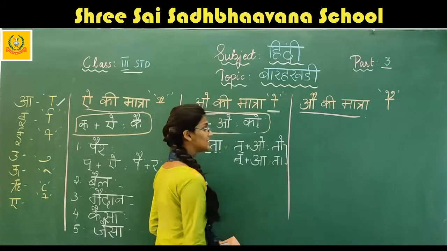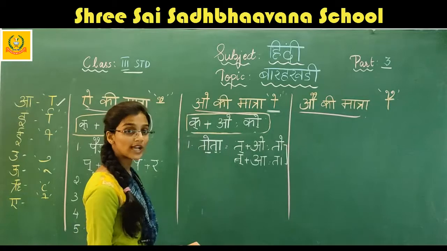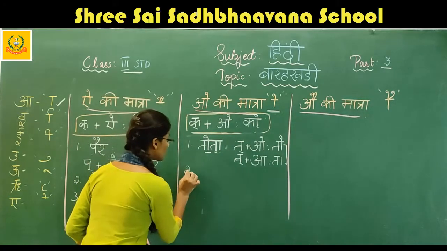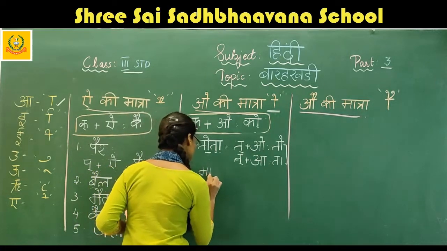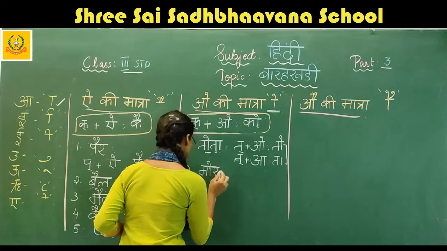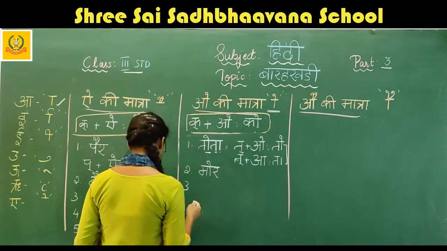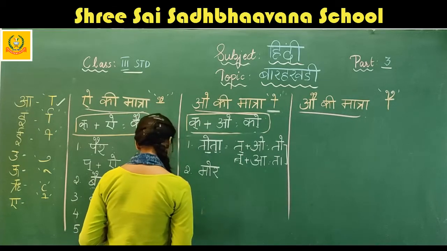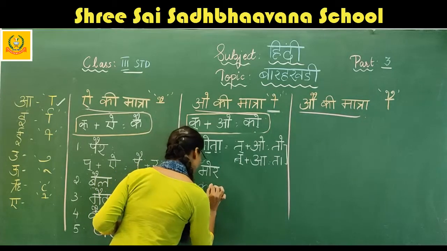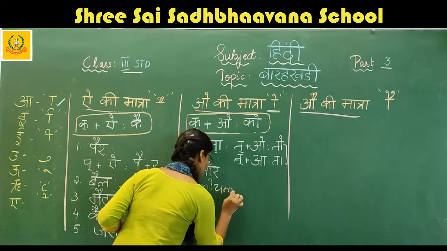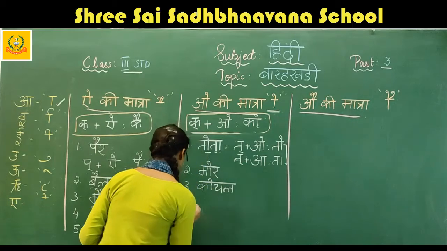So when you add these two and write, you get tota. Likewise, you can write for the next examples, that is more. Then the fourth example, koyal.